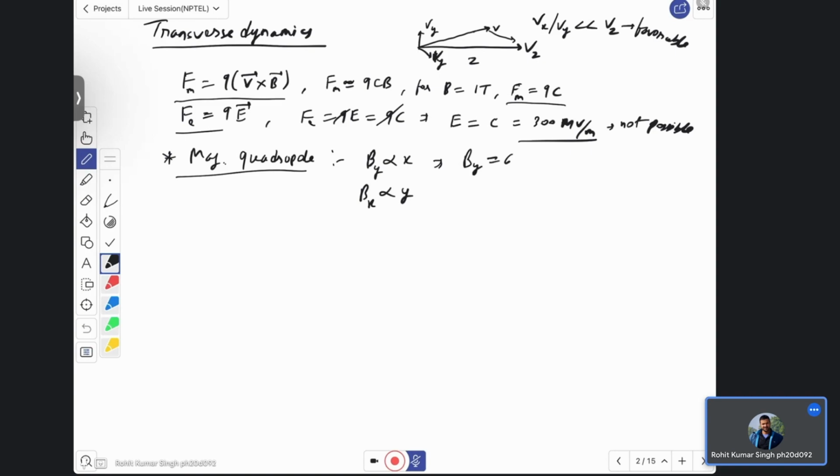And so we can write this using a constant of proportionality, which is g. It is called the field gradient.